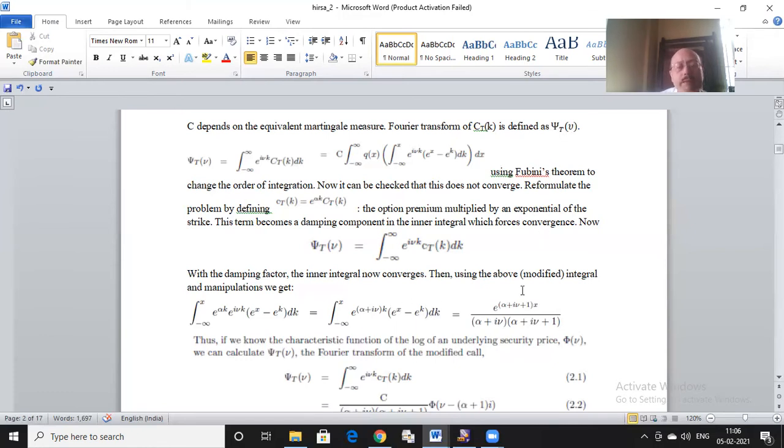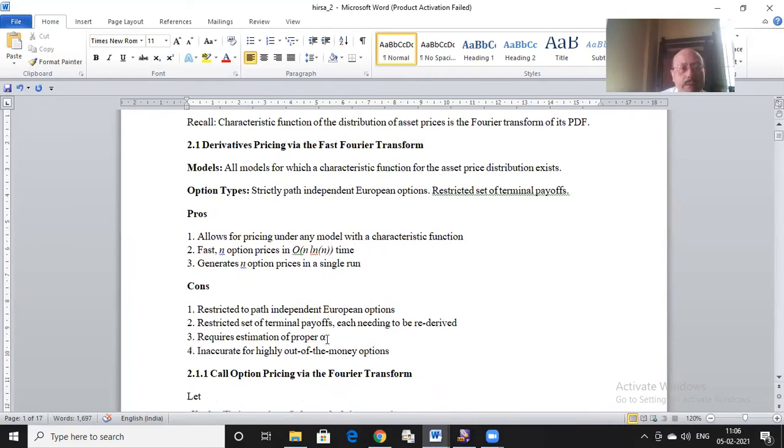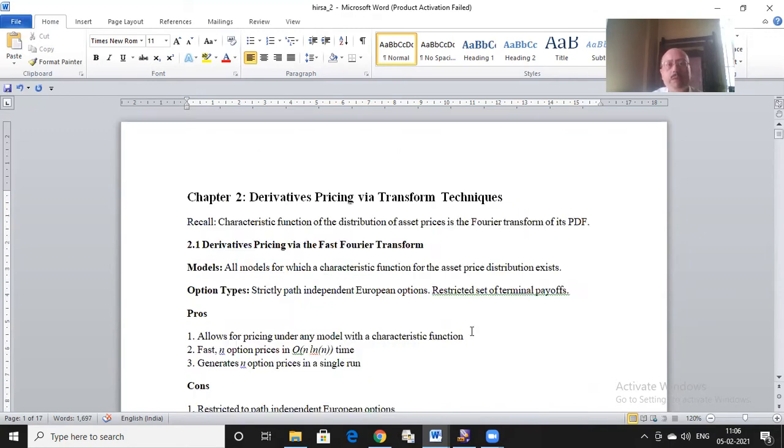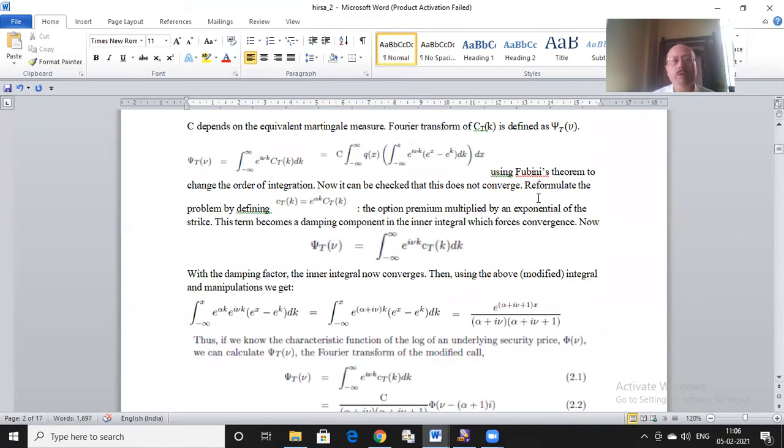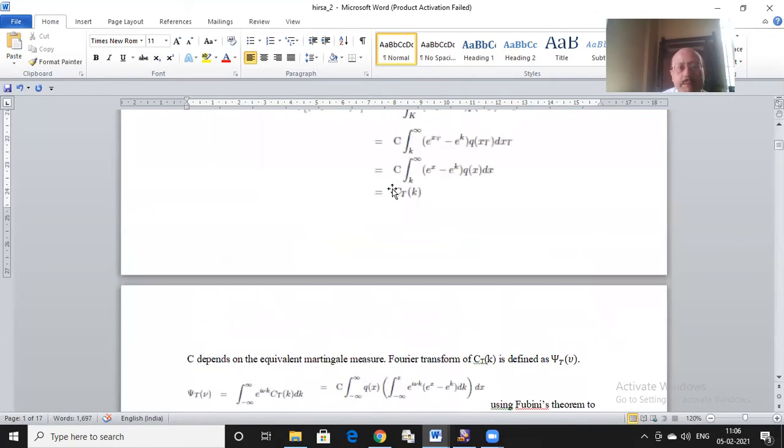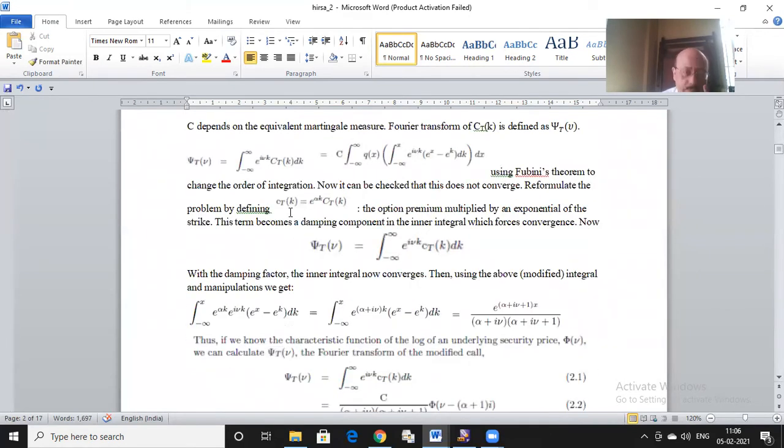And that is where, as I mentioned earlier, I have to introduce a damping factor alpha. So I reformulate the problem by defining a small c. This is a new symbol: this is capital C and this is small c. I define small c as e to the power alpha k times capital C. So I multiply the option premium by an exponential of the strike.